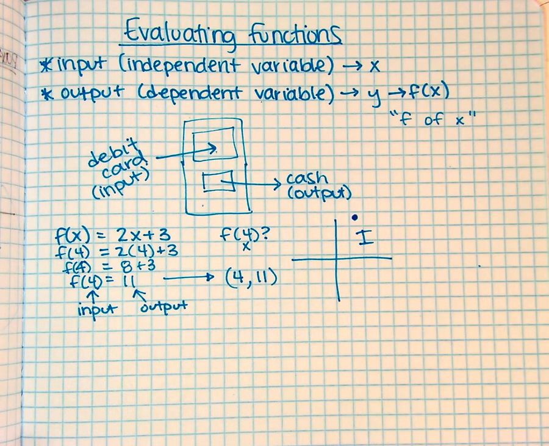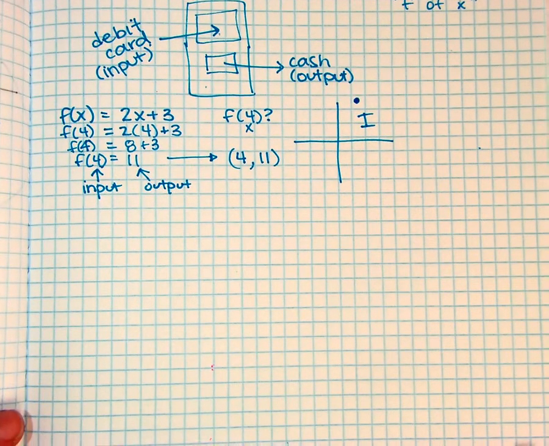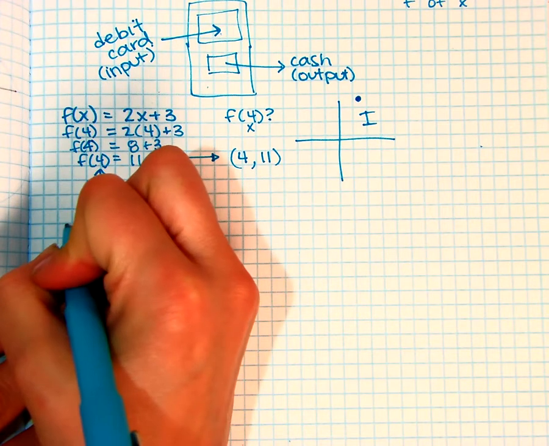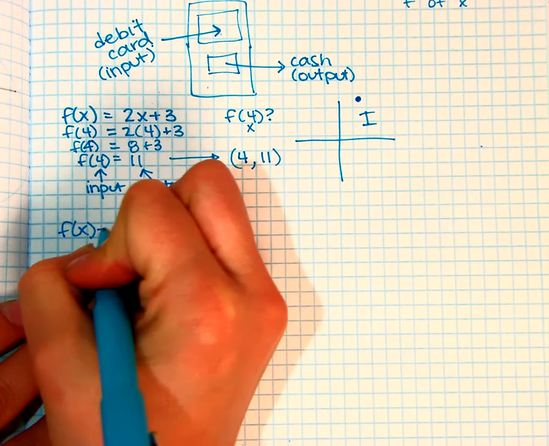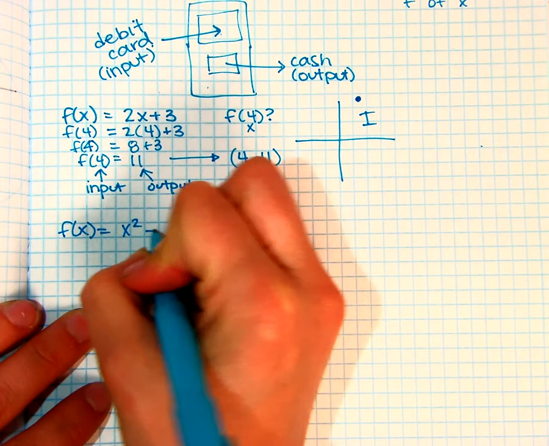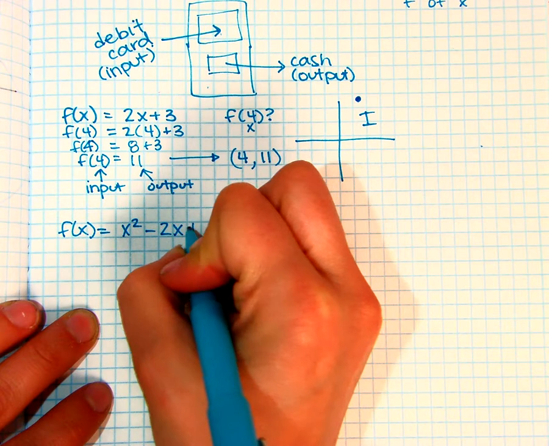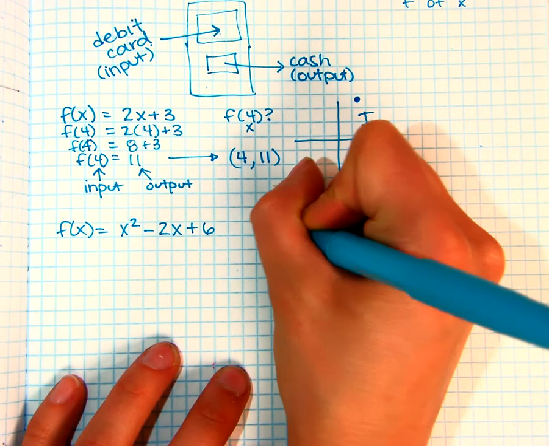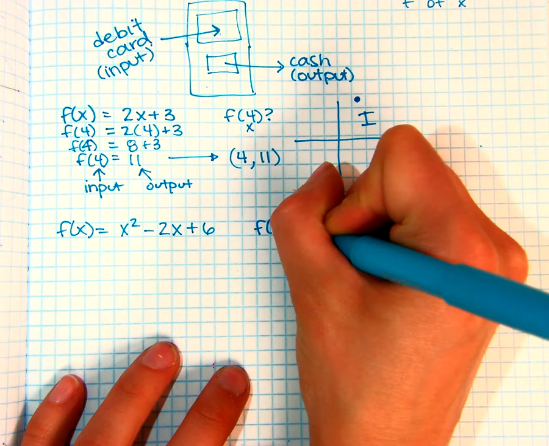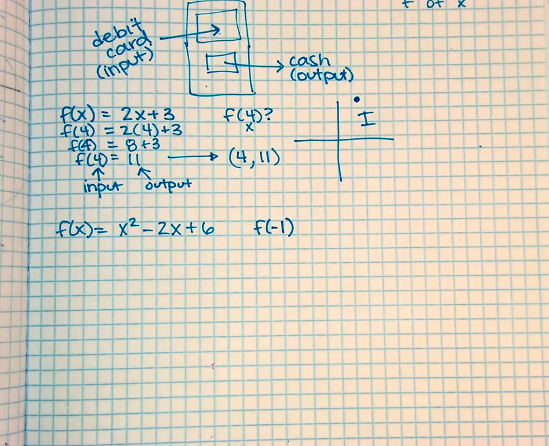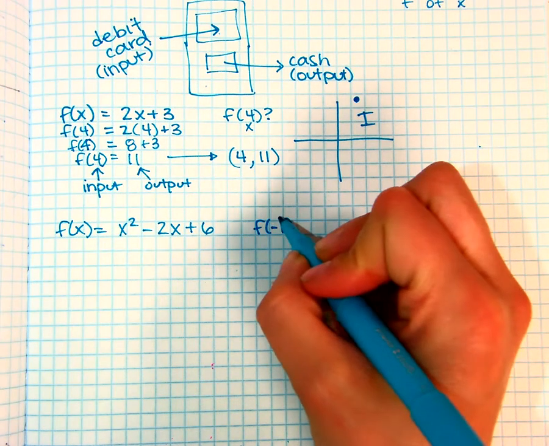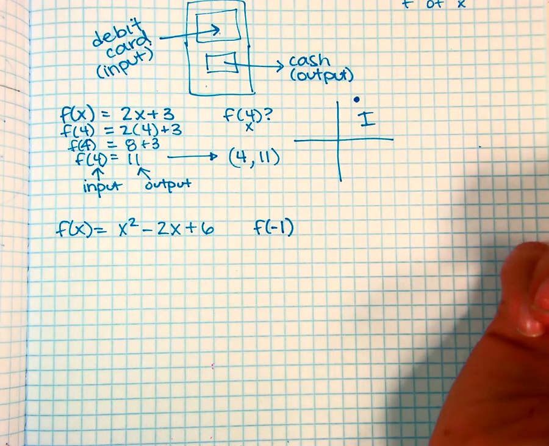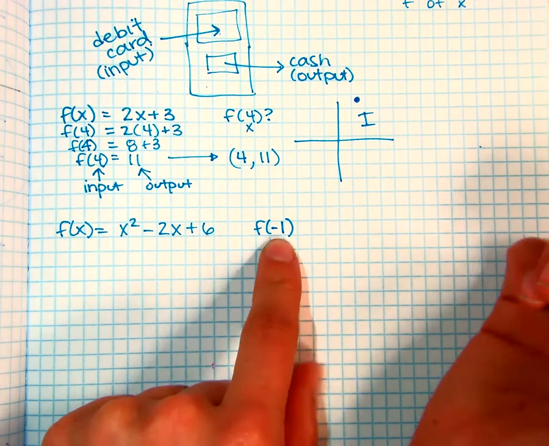Now let's look at a little bit more complex example. If we have f of x equals x squared minus 2x plus 6, and I wanted to know f of negative 1. The process is going to be the same. I'm still going to be substituting this in for x every time I see it. But see how my x is negative right here?